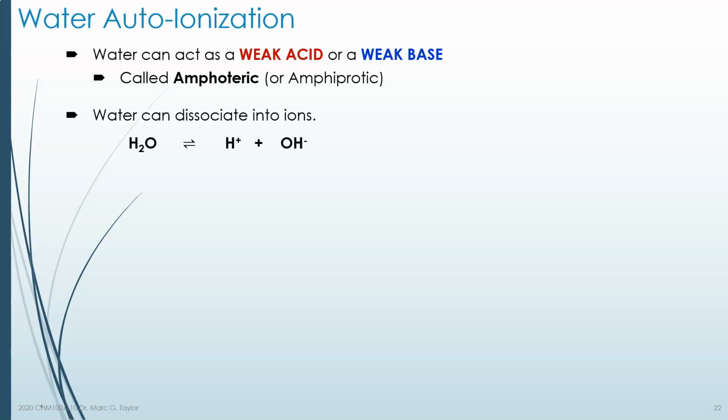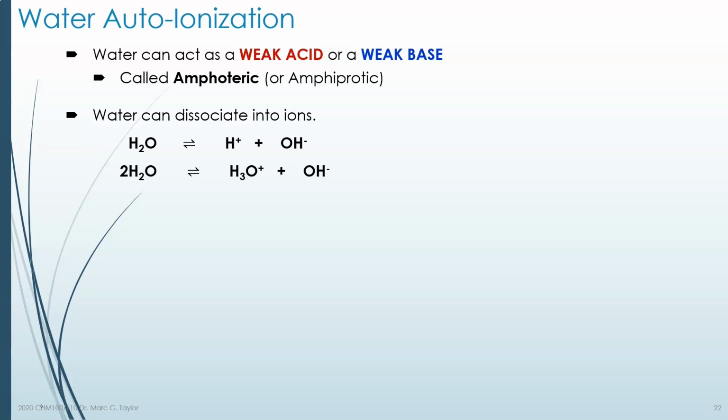So we know that water can dissociate, and this is a very weak dissociation. Since water is a very, very weak acid, only an incredibly tiny fraction of water will dissociate into an H+ ion, a proton, and hydroxide ion, OH-. And more properly, we would write this as two waters, because anytime you have an acid, even if it's a weak acid, you always react it with water.